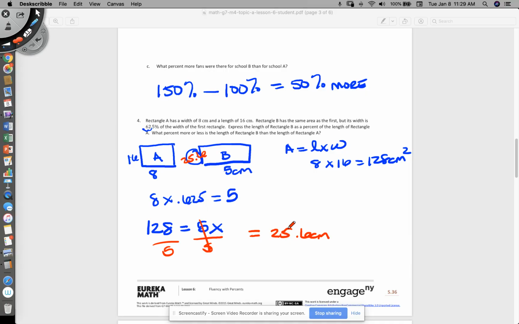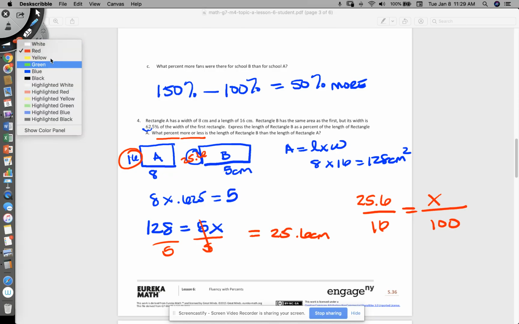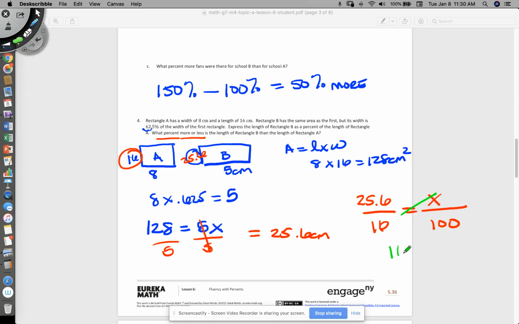Now, I'm going to set this up like a proportion. So we're going to say line equals line, always over 100. I'm looking for x because it says what is the percent more or less. All right. So we have the 25.6 that we just found, and we're going to set that equivalent to the 16 over here. We're going to cross multiply, and I'm going to get 16x equals, multiply these guys, we get 22,560.